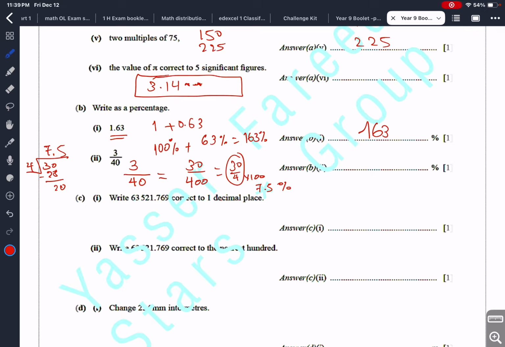Write this correct to one decimal place. One decimal place is here. Look at the digit on the right. If it's more than 5, we're going to add 1, so it will be 63,521.77.